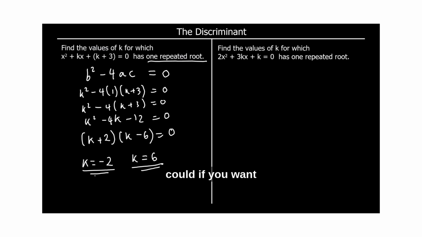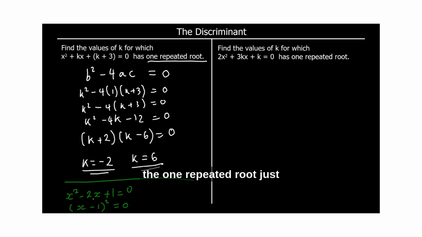If you want to check, let's have a quick check. If we substituted negative 2 in for k, we'd get x squared minus 2x, and then negative 2 plus 3 is 1, plus 1, and that will factorize to x minus 1 squared.